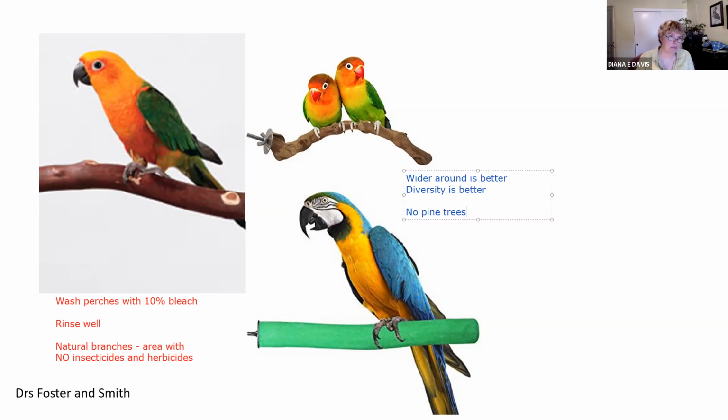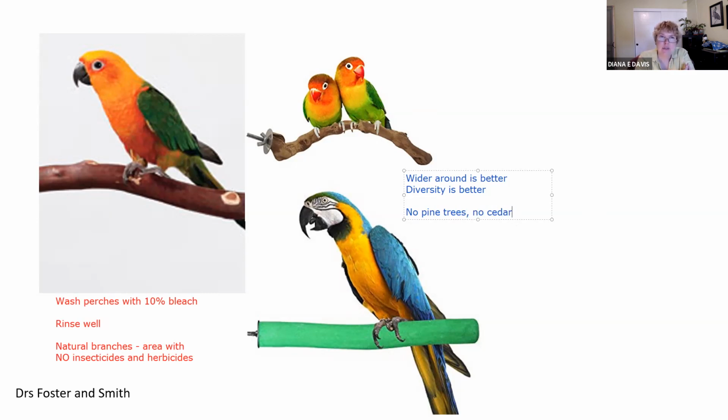The trees that I can think of that are potentially toxic are all cedar. Yeah, that's a good point. You guys, you're getting me here. No pine trees, no cedar. Yeah, probably shouldn't use cedar either.